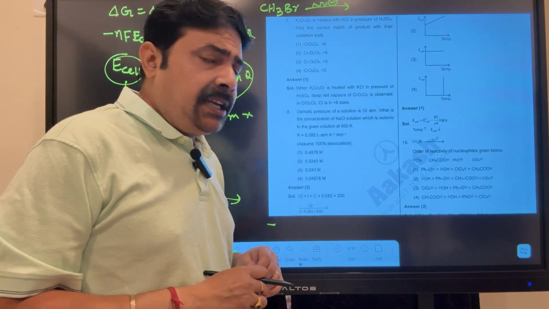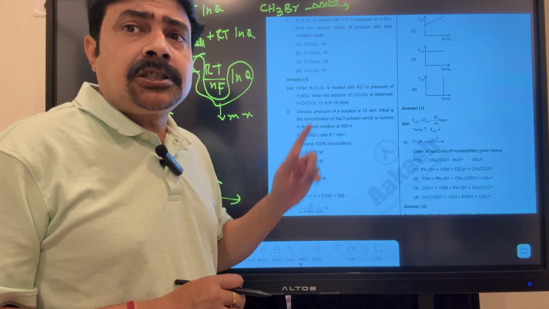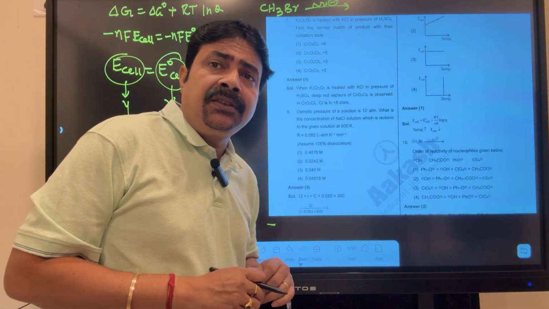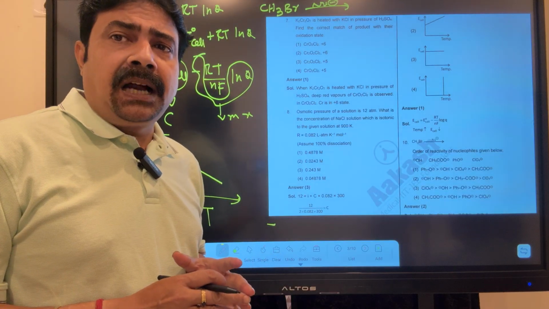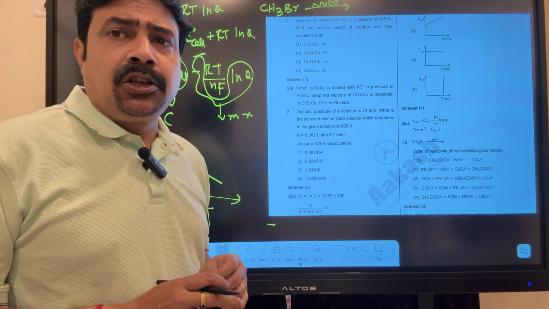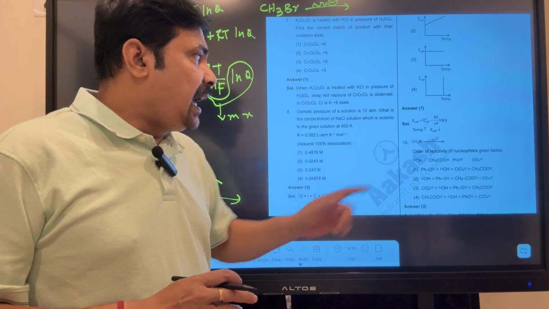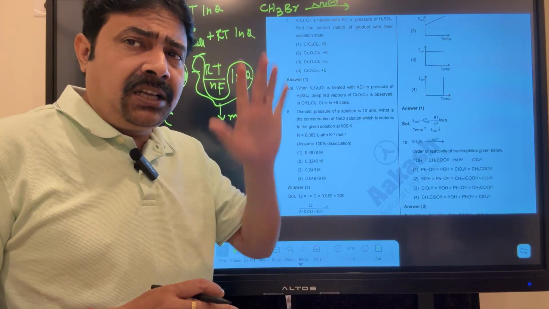OH minus is a better nucleophile compared to PhO minus, because in PhO minus there is O minus, and the negative charge will be dispersed in the benzene ring. Whereas CH3CO2 minus has equivalent resonance, where PhO minus is stabilized only via resonance, and in ClO4 minus there are 4 equivalent structures.